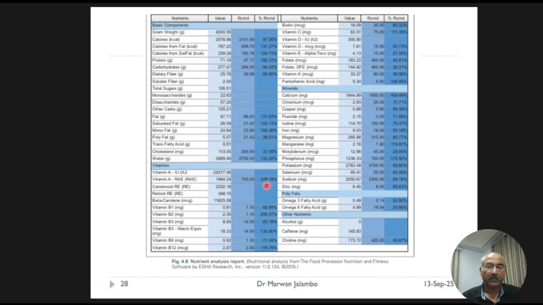For example, we can quickly see this person's iron intake is only 50% of the recommended, while their vitamin B2, riboflavin, is over 200%.